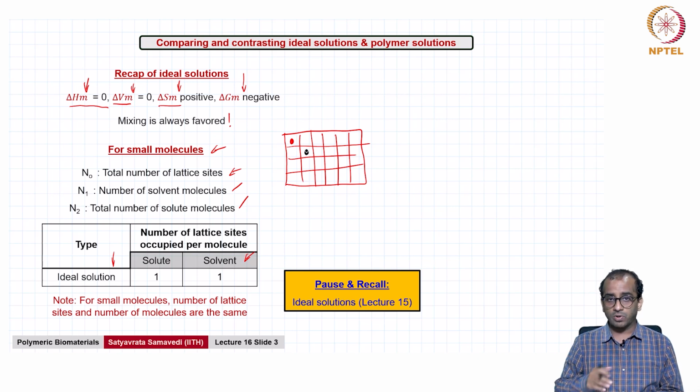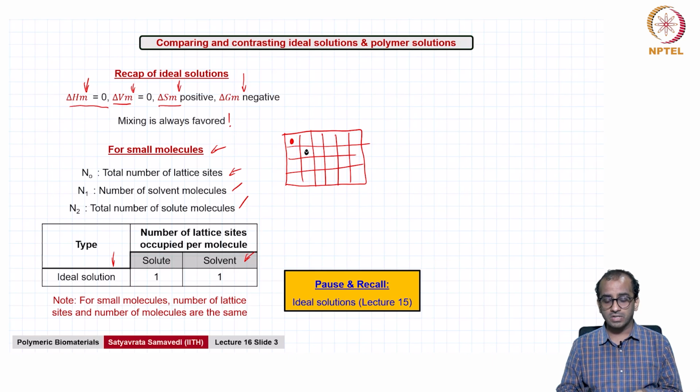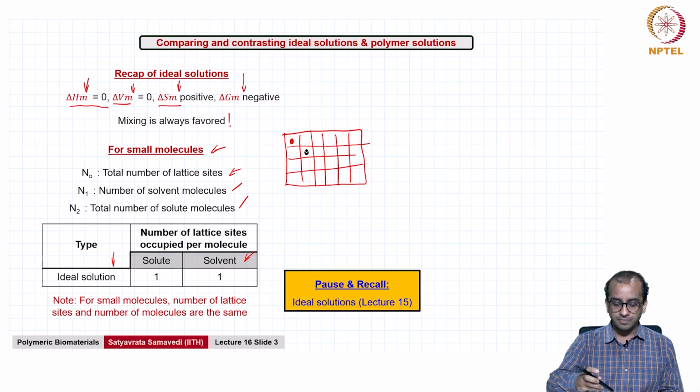So there is a direct one-to-one correspondence between the number of solute molecules and the lattice sites that they occupy and the number of solvent molecules and the lattice sites that they occupy. This is a very important point to note here, because as we will see very shortly, the case of the polymer will not be the same. So we will look at that when we come to that. So put a pin on this idea, because we will revisit this very shortly on a different slide in this lecture.